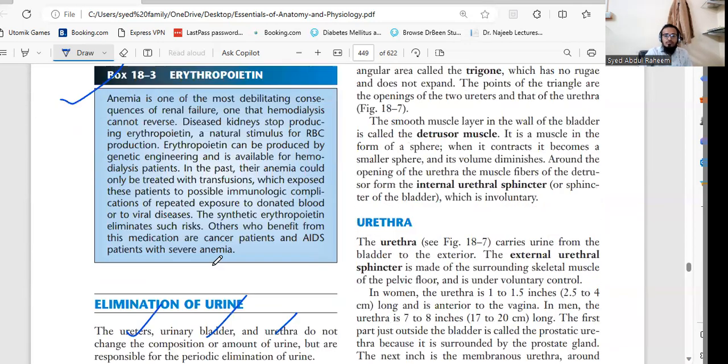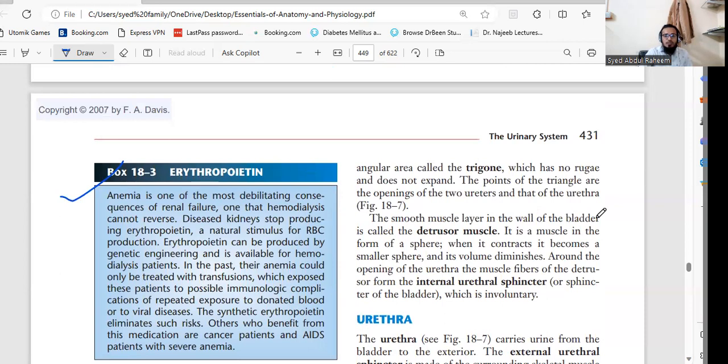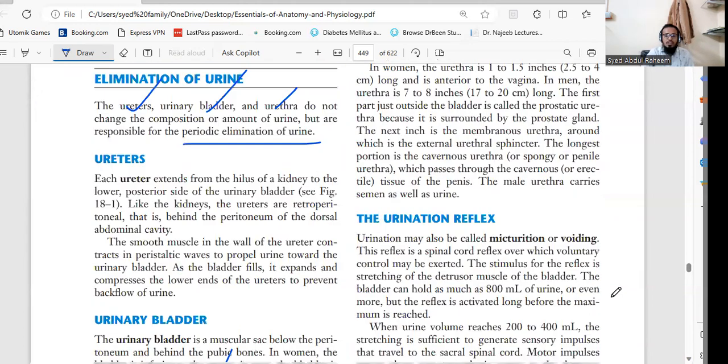The smooth muscle in the wall of the urinary bladder is called the detrusor muscle. It is a muscle in the form of a sphere, where it contracts and becomes a smaller sphere in volume. Around the opening of the urethra, the muscle fibers of the detrusor form the internal urethral sphincter, which is involuntary.